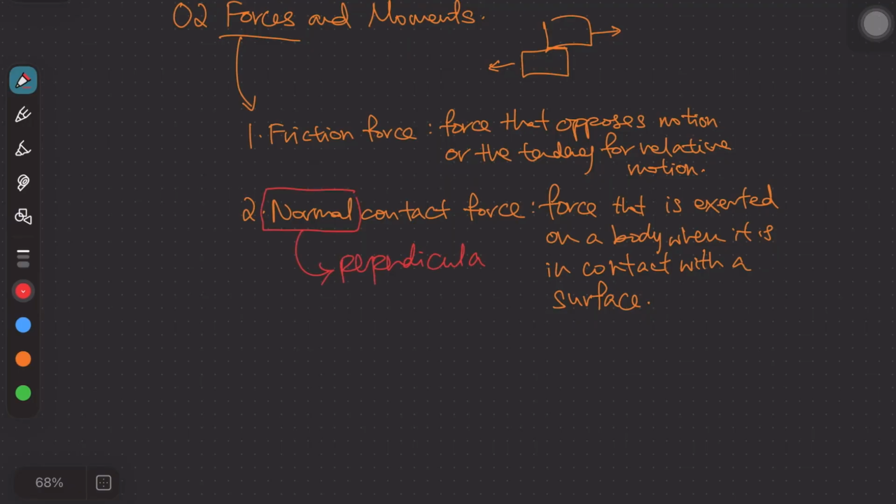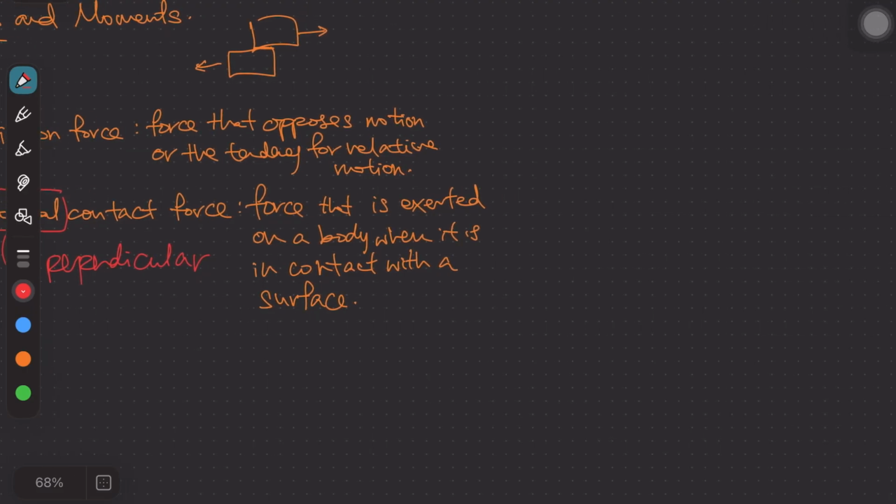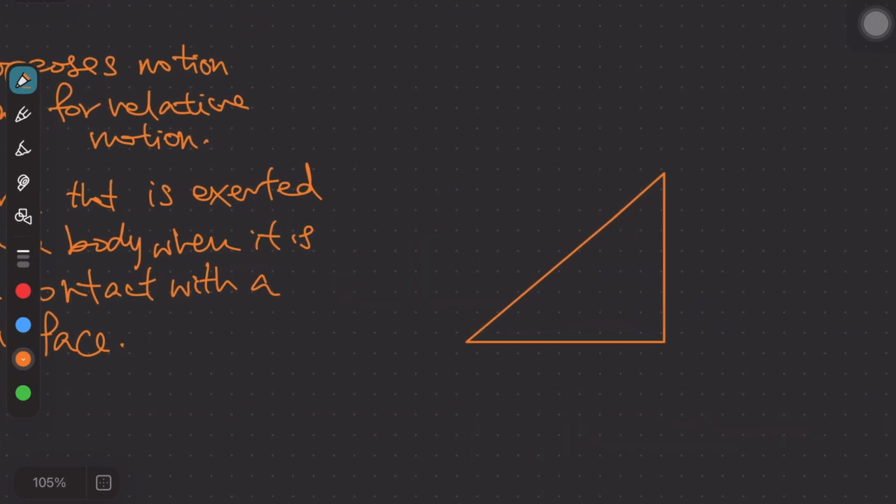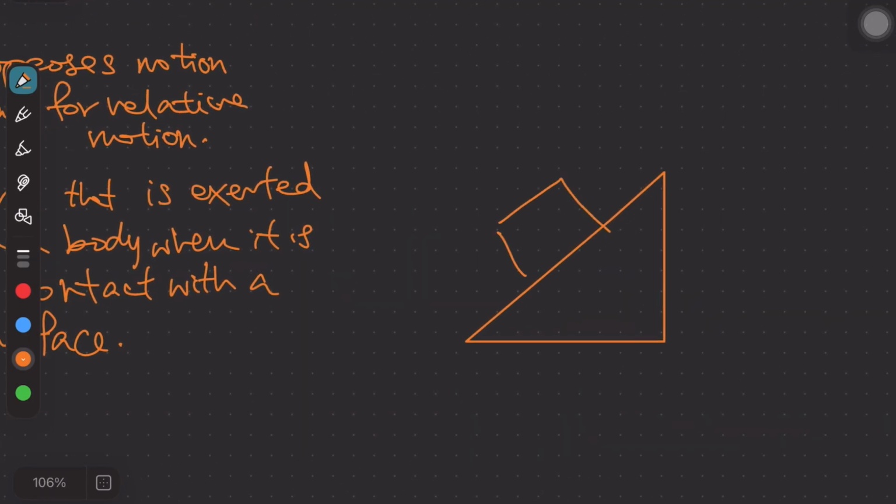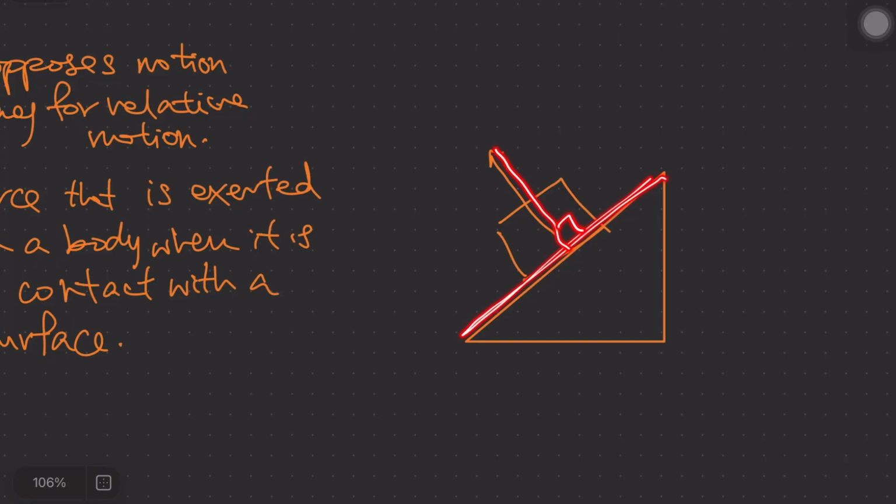perpendicular. Okay, so let's draw a diagram for this force as well. Let's say we have this particular slope, and we've got a box on this slope. The box is in contact with the slope itself. In this case, where will my normal contact force be pointing? It will be perpendicular to the surface.